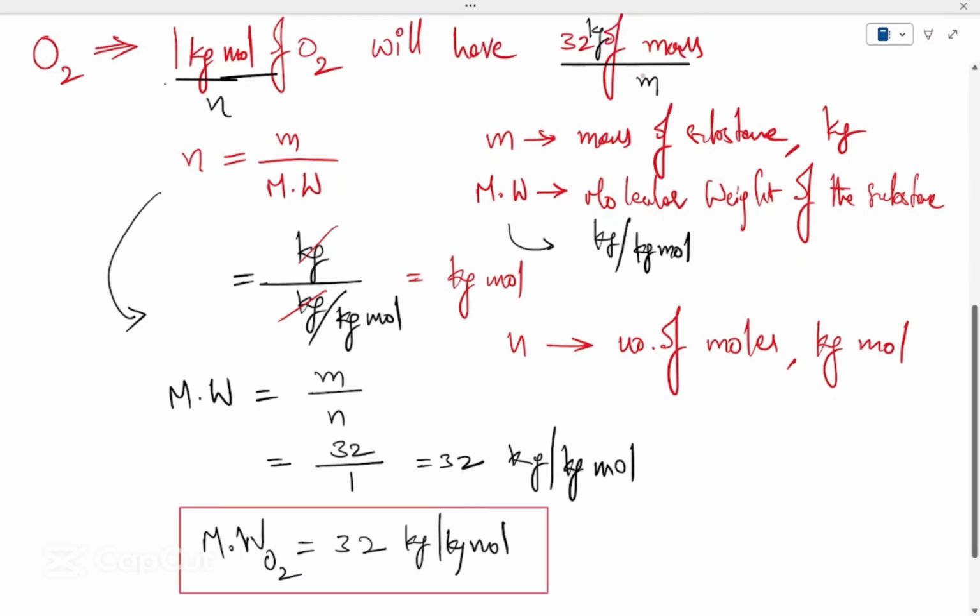This is how I got it, because the mass is 32 and the number of moles is 1. As the mass changes, the number of moles will change, whereas the molecular weight is going to be a constant for any given substance.